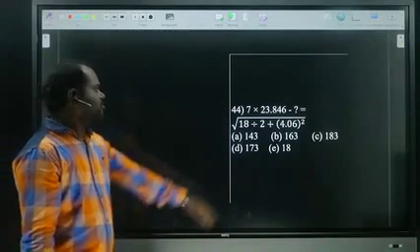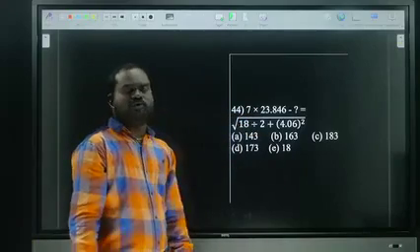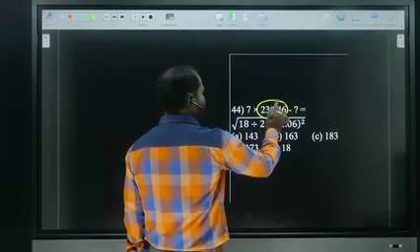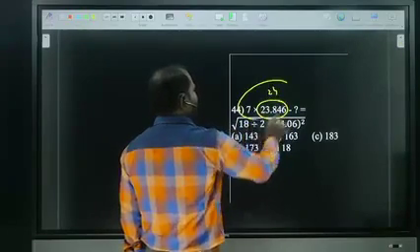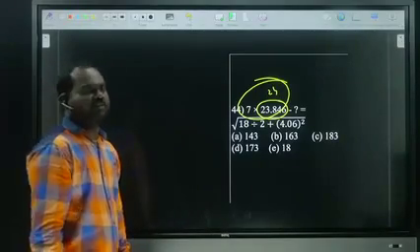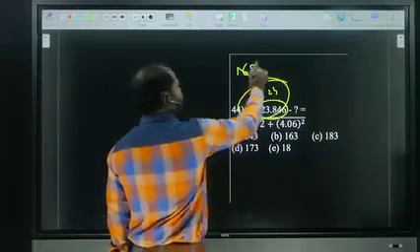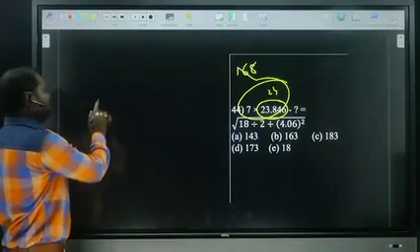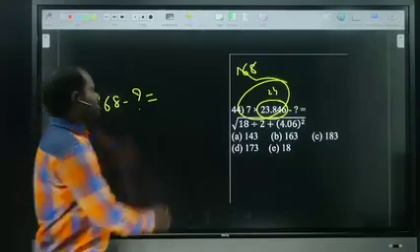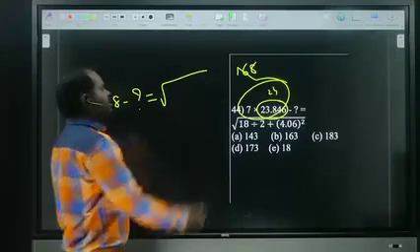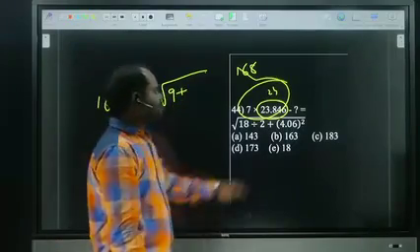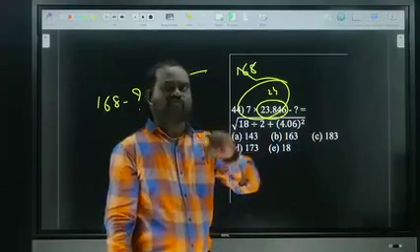So we can note that 23.846 is very close to 24. We can take it as 24. 7 into 24, how much? 7 into 20 is 140 plus 28, which is 168. 168 minus question mark is equal to the square root of: 18 by 2 means 9, plus 4.06 taken as 4, and 4 squared.